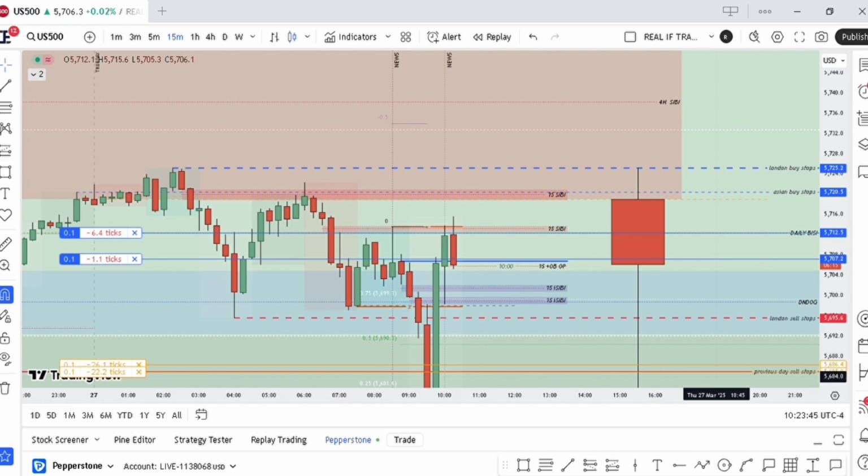Currently trading back into that 10 a.m. opening price. I would want to see some kind of rejection or support off of that opening price at 10 a.m. We can wick below that, but a candle's body, I wouldn't want to see a closure below that price level.